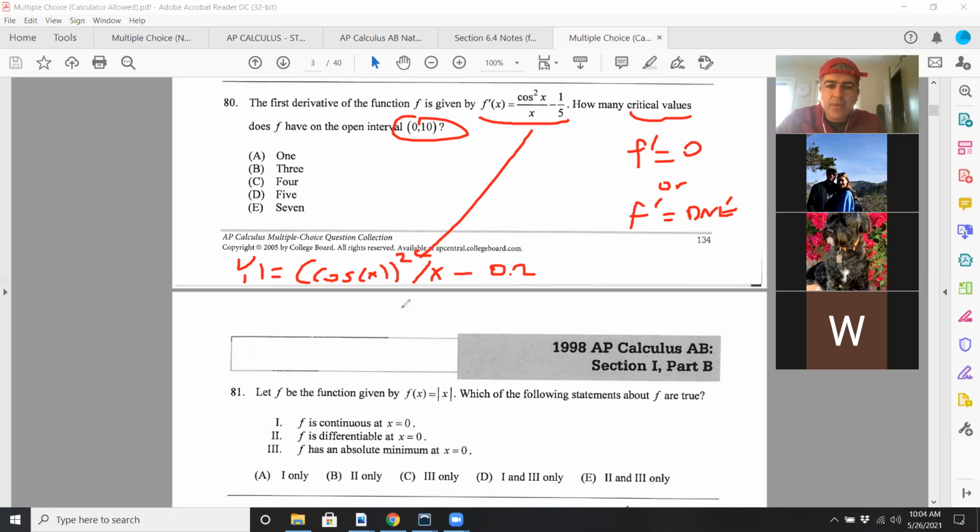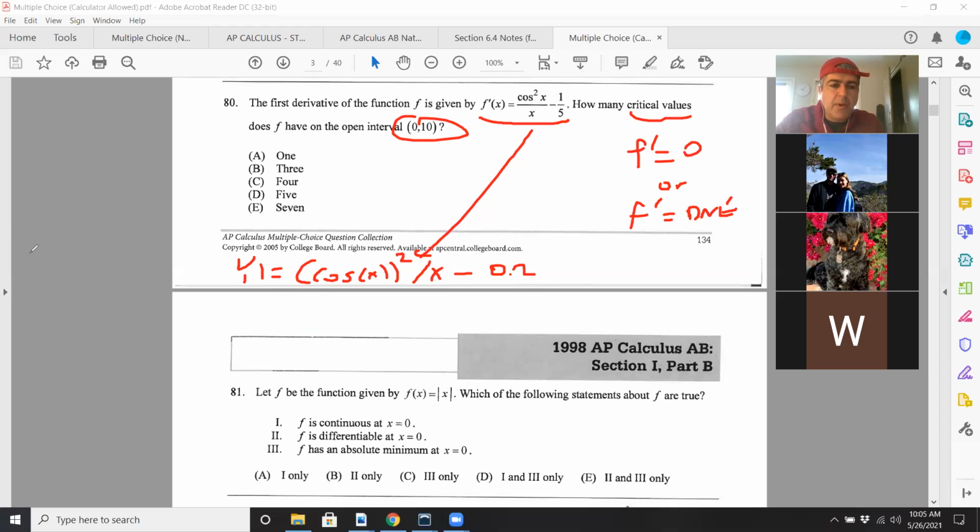And then what you're going to want to do is find the x-intercepts, or not find, but count the number of x-intercepts. The only way this will be undefined for this f prime function is when x is 0, but 0 is not included.